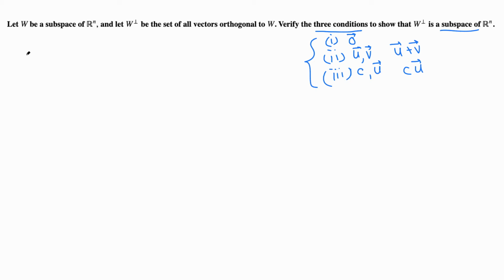Okay, so let's try the following. The zero vector is in W perp because if we multiply the zero vector with any vector of W, the generic vector of W, let's say lowercase w, when we take the inner product or dot product with the zero vector, all components 0, this will be the number 0, right?